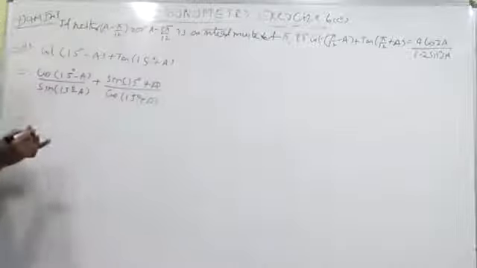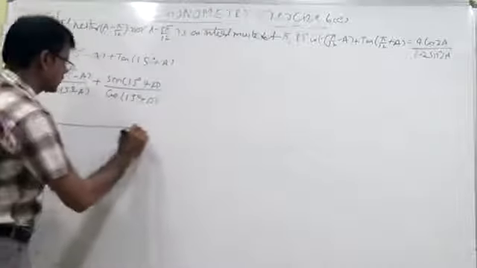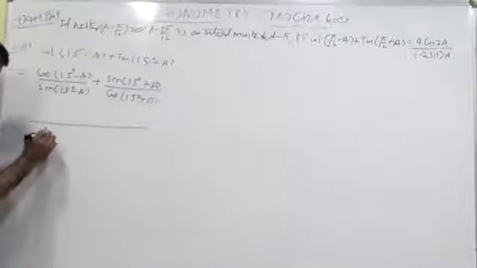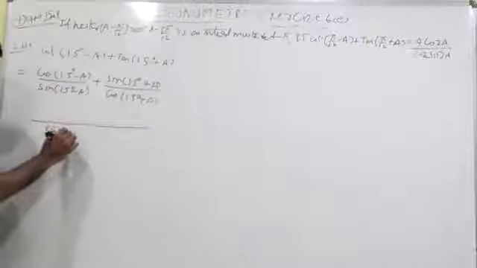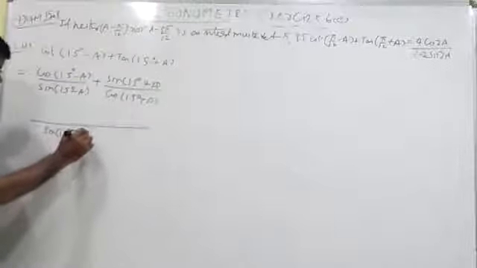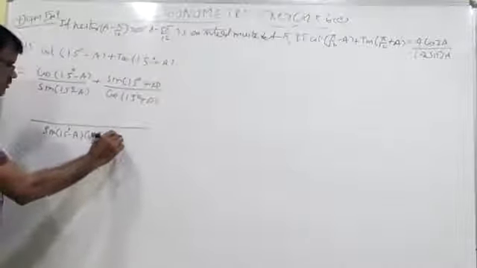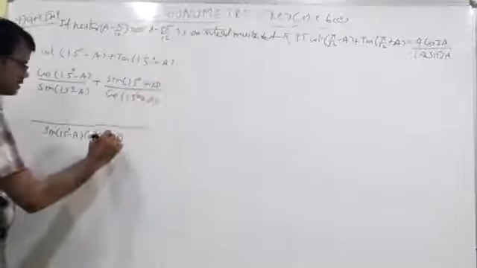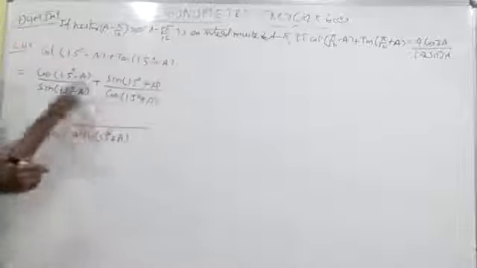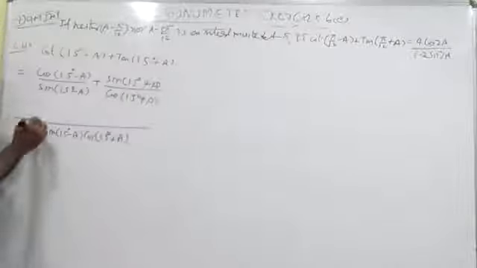Now take LCM. In the denominator you will get sin of (15 minus a) into cos of (15 plus a). Now this into this and this into this.